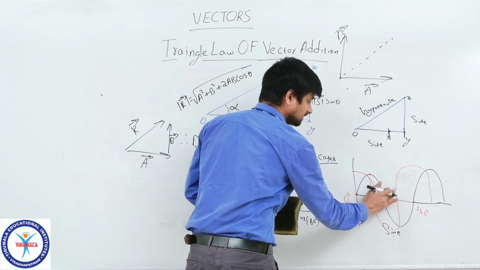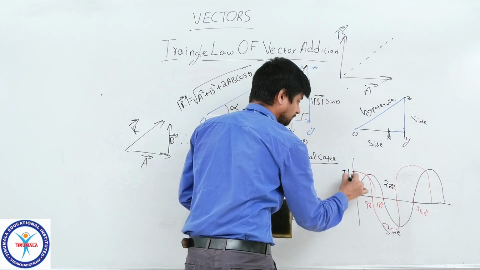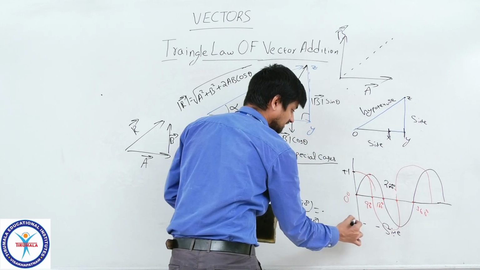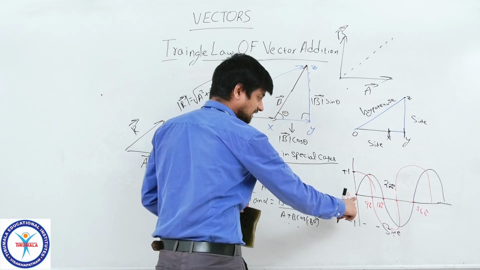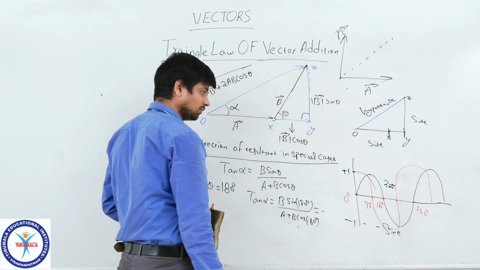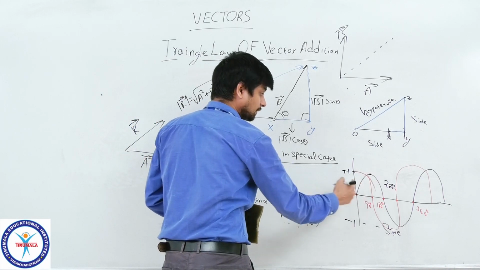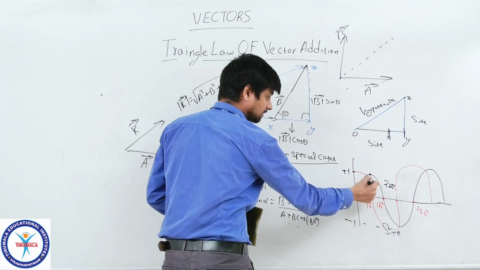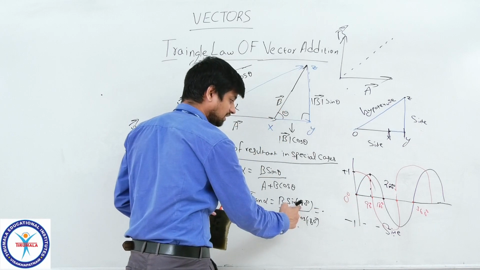This is plus 1, this is minus 1, this is 0. So, sin 0 value is 0, sin 90 is plus 1, sin 180 is 0.